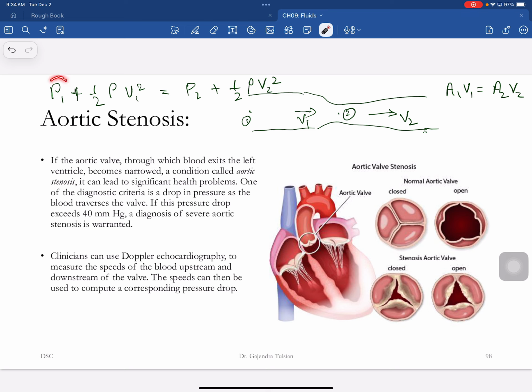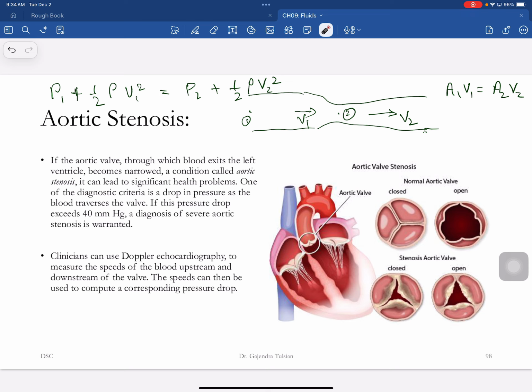What this says is the pressure at one location, plus this kinetic energy per unit volume, where this is the speed of the blood, this term plus this term is constant. So pressure at one location plus kinetic energy per unit volume is equal to the pressure at another location and kinetic energy per unit volume at another location.